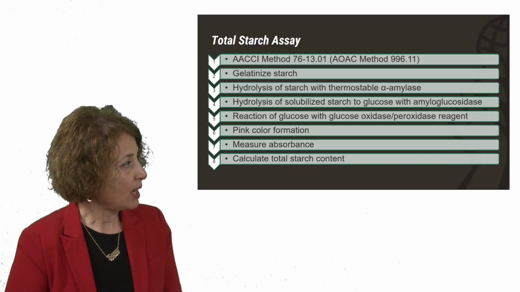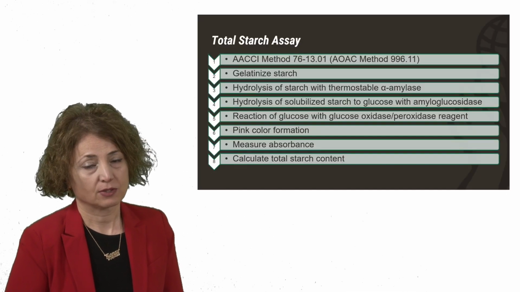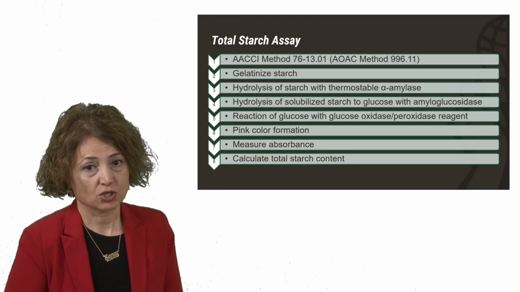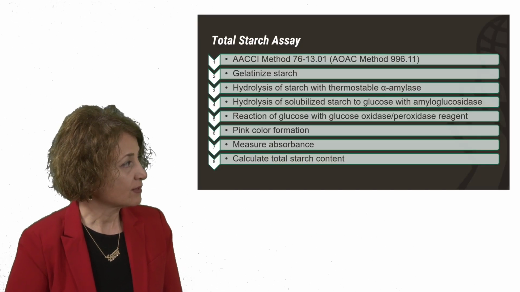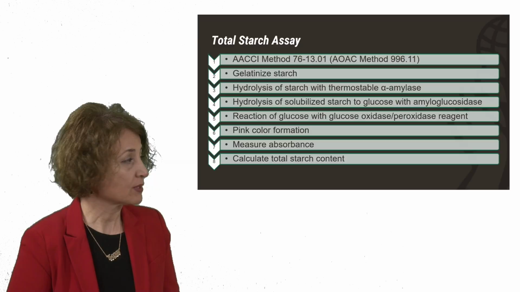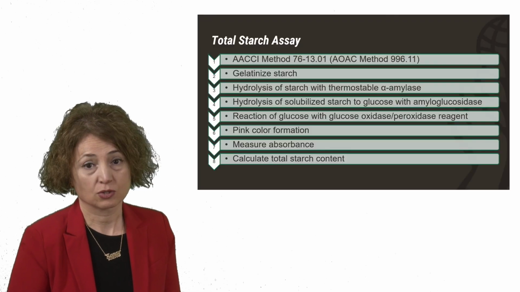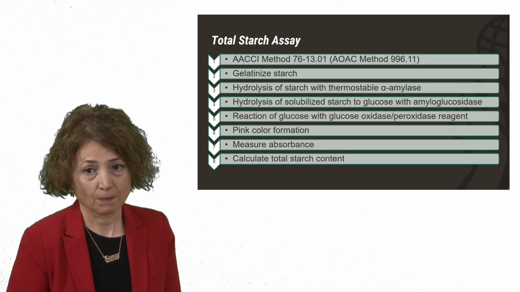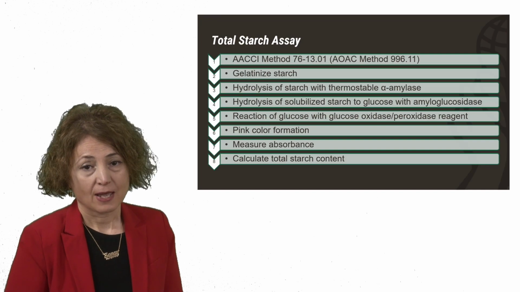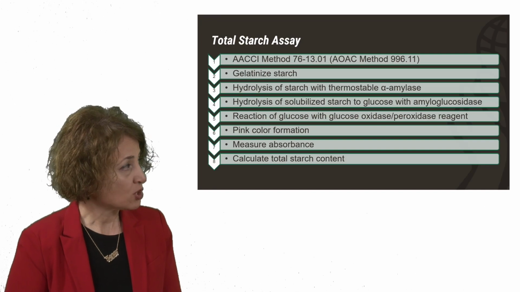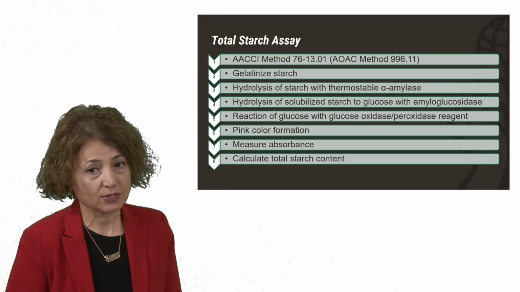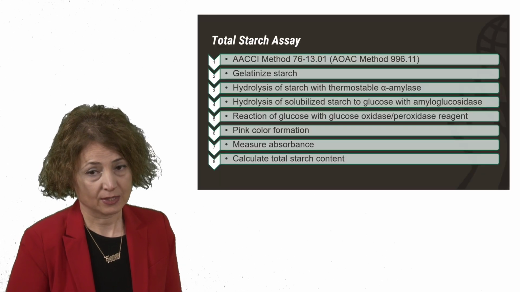The principle of the method is that we gelatinize starch, and then the starch is hydrolyzed with thermostable alpha amylase and converted to glucose using amyloglucosidase. Then we measure how much glucose is released using a glucose peroxidase reagent.